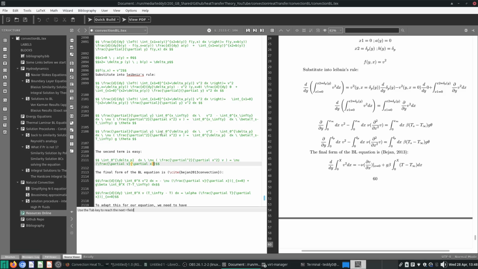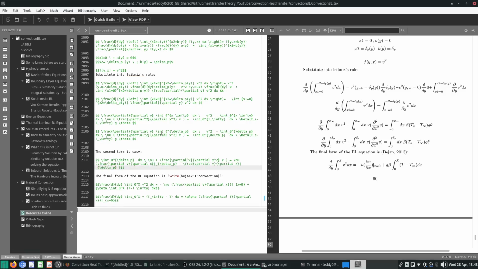I would evaluate this at the free stream. I'll just put delta p here, close enough to free stream. Minus the same thing, which I would evaluate at the wall.